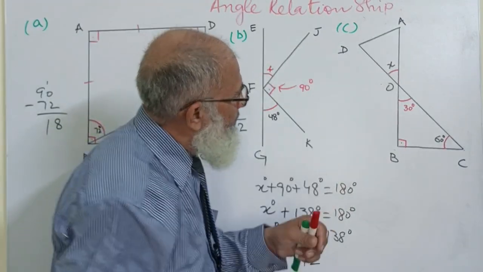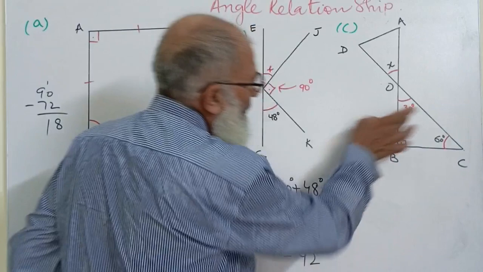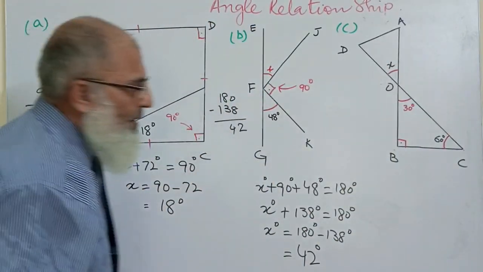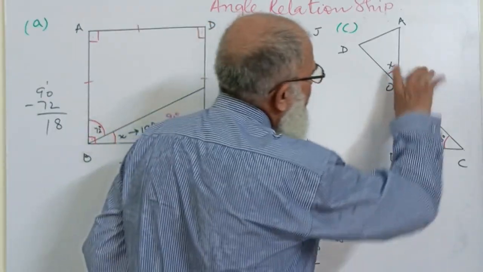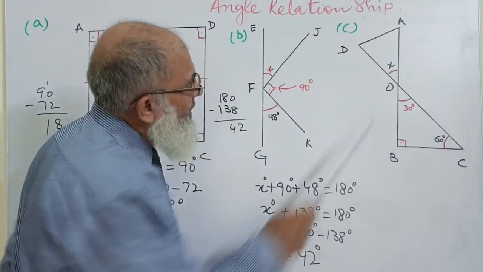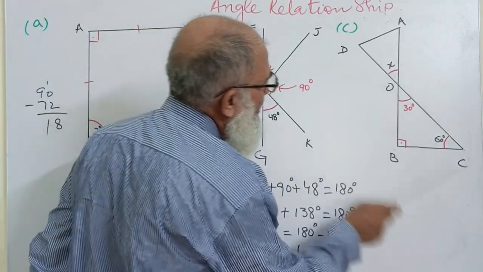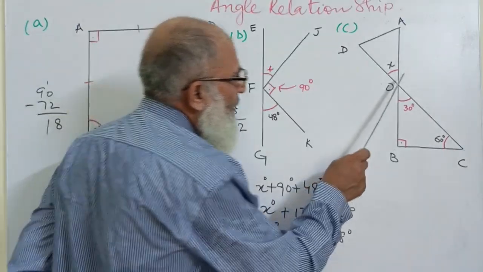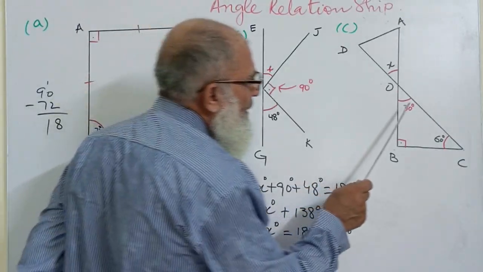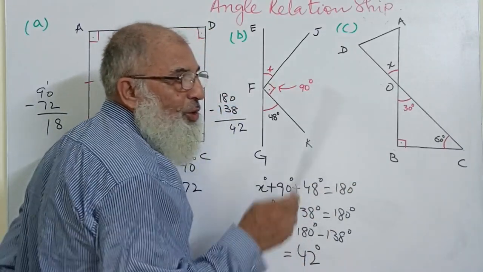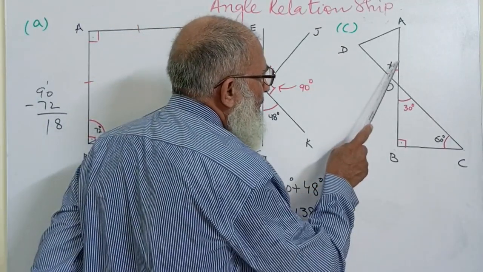The last one is very easy, no need of calculating, because you see that there are two lines, AB and CD, which are intersecting each other at one common point, and two pairs of angles are formed.